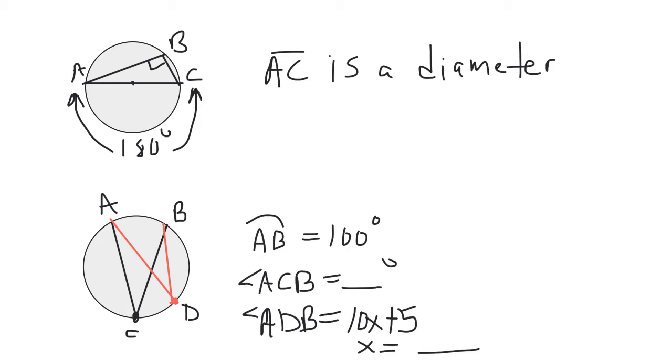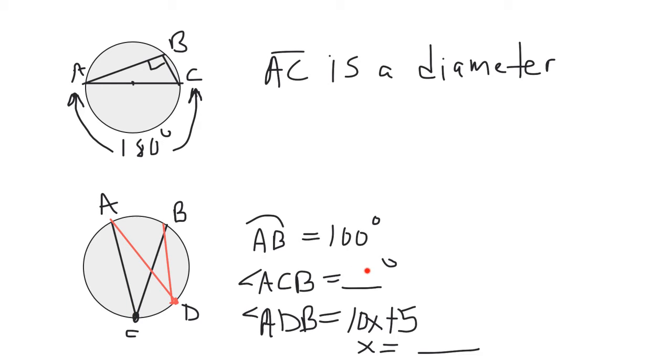In the second picture, we have two inscribed angles, ACB and ADB. Notice that they hit the same intercepted arc of AB. Both of these angles have an intercepted arc of AB. That means both of these angles are the same size. How big would ACB be?